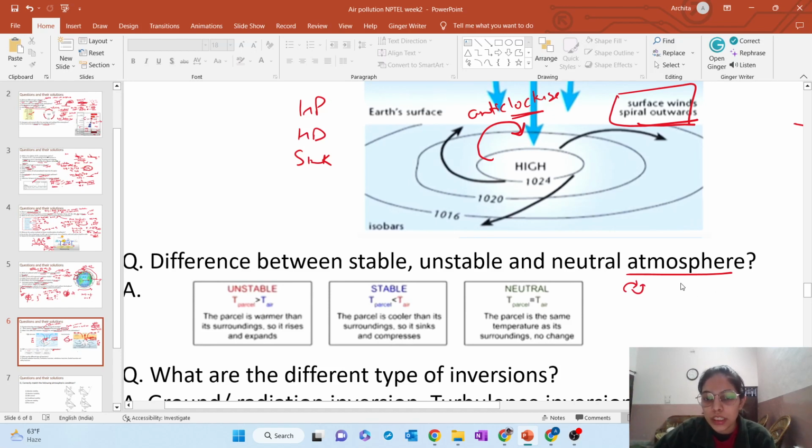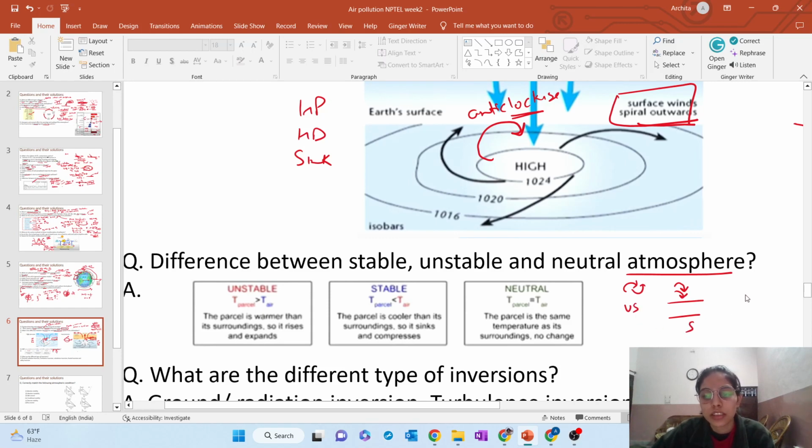In stable, generally the motion is towards the down. Hence, we see the smoke, the photochemical smoke, the haze. The stable atmosphere is one of the causes of haze, because there is a lot of sinking of the aerosol in the stable atmosphere.